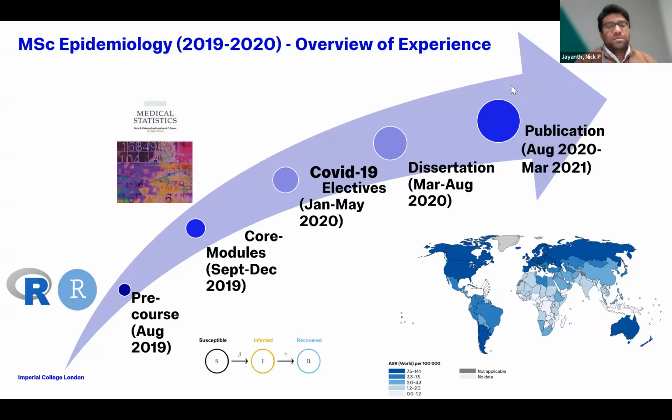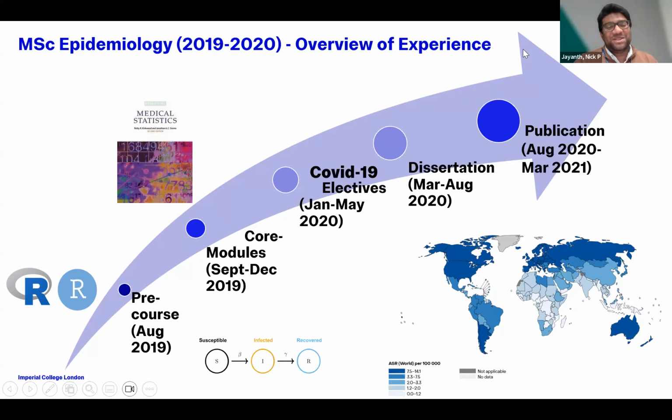So between September to December, there were the core modules that Sunana was mentioning earlier. To give you an experience, the course is quite busy. The experience is great, but be prepared to be busy for the whole year.